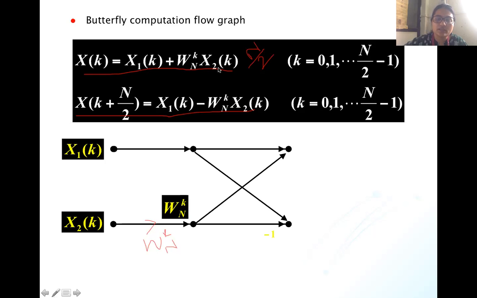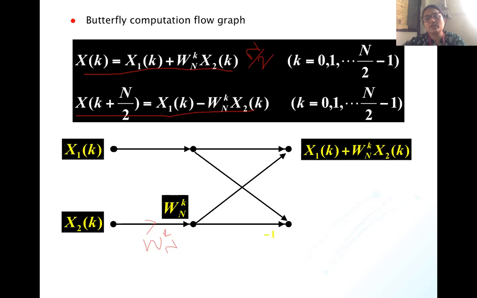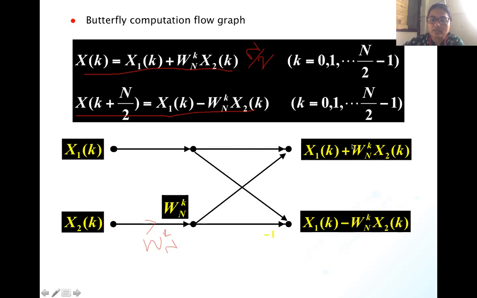Here you can see the first complex multiplication, and here the first complex addition. Similarly, by multiplying this with minus 1, we can get the second computation, and the remaining DFT values can also be found by performing this multiplication operation. So with the use of the butterfly structure, we can find the DFT values.